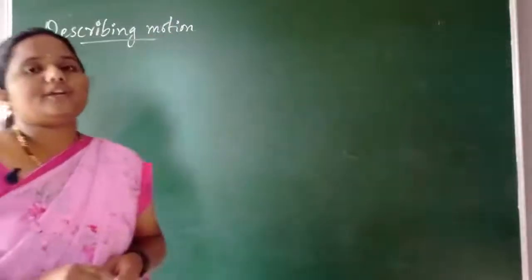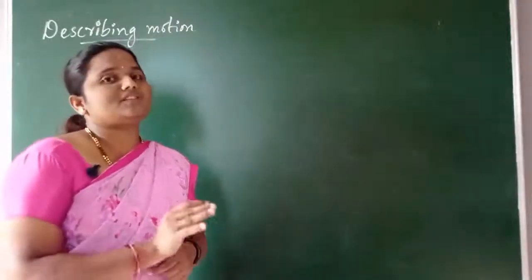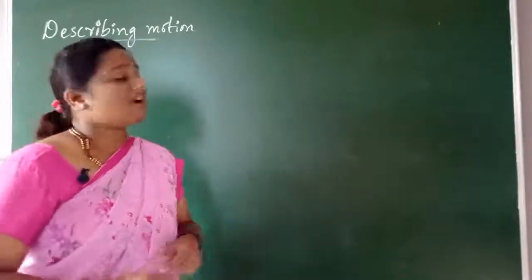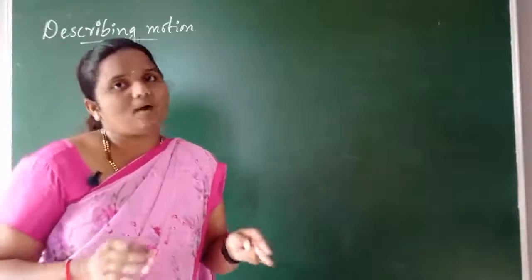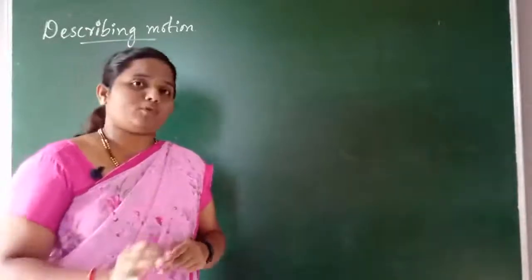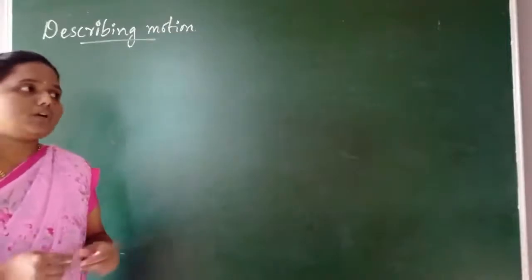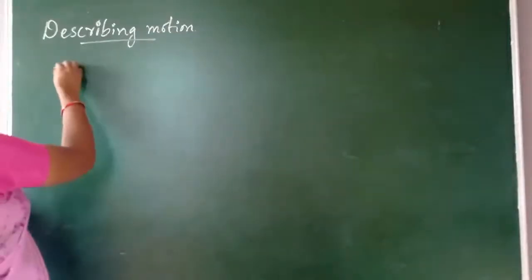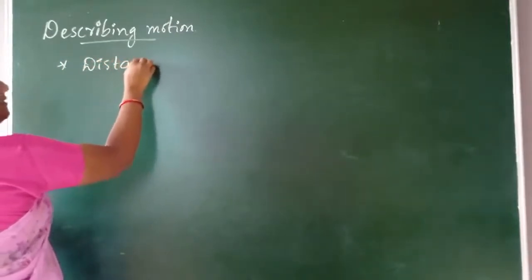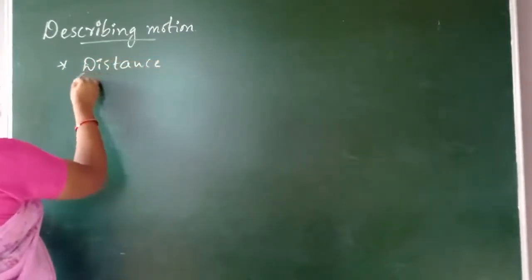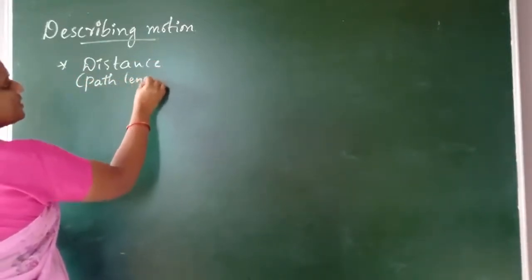Children, I already told that there are mainly two important terms which we need to understand in order to understand motion. The main two physical quantities are very important in order to understand the motion concept. So what are those? The first one is distance, and it is also sometimes called as a path length. What it is called, children?